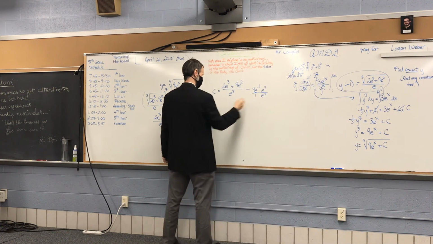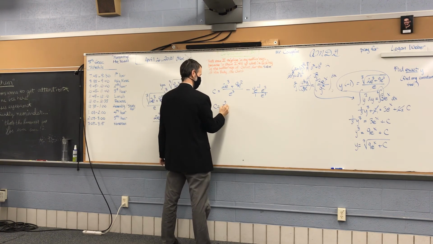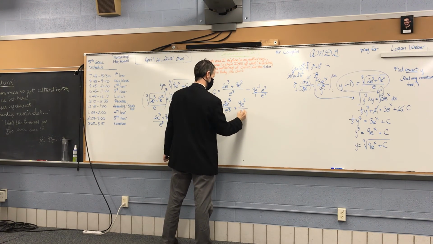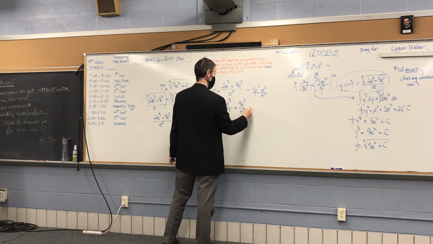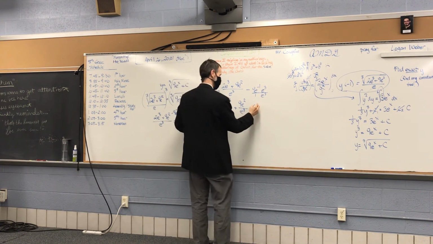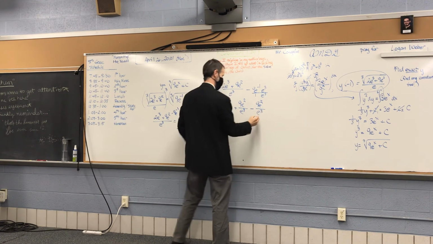Can I simplify this? And by the way, I'm going to separate these: 2e to the third over e to the third plus 9e to the second over e to the third, minus 9e squared over e cubed.